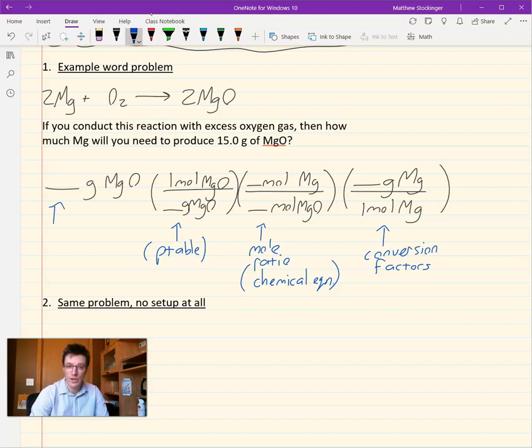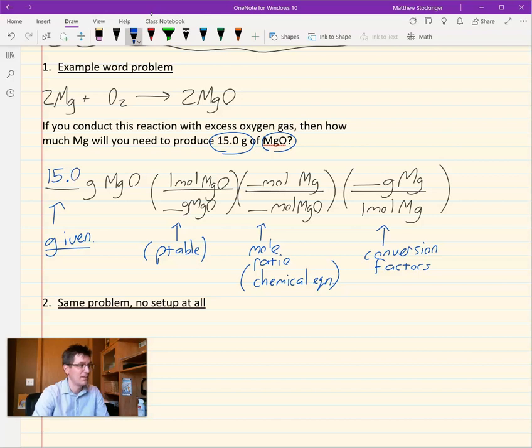So that leaves this first blank right here. If you remember way back, this first blank is a number that's always going to be given to you in the problem. If you reread my word problem up here, you can see there's only one number given to you, and that's this 15 grams of MgO. You'll see here that it says grams MgO, so it just makes sense that that number is going to be the 15.